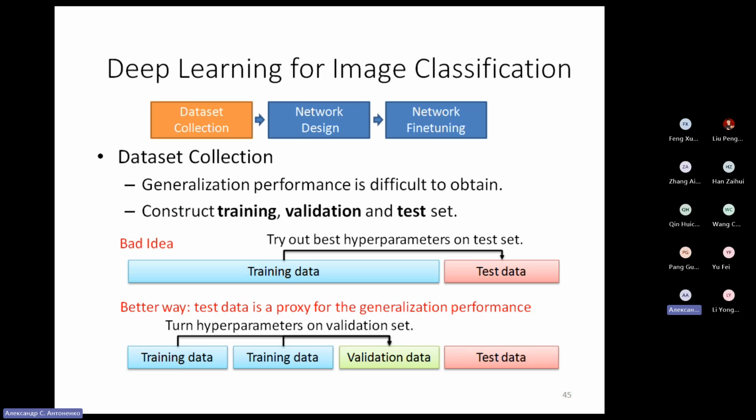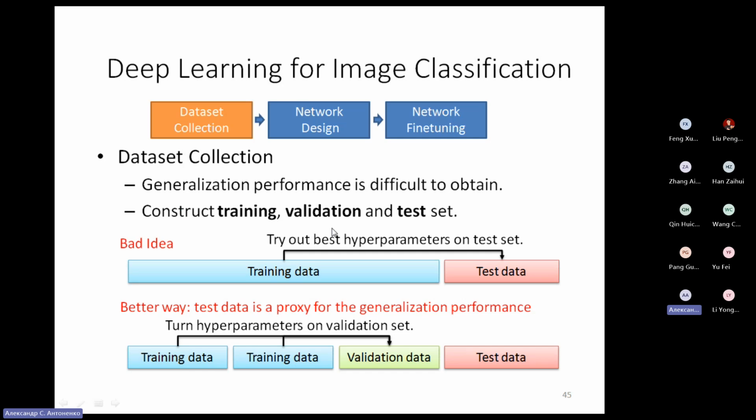Of course, we can split into training data and test data. We can use training data and test data and try to find the best hyperparameters on the test set.